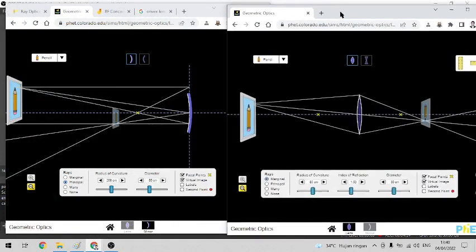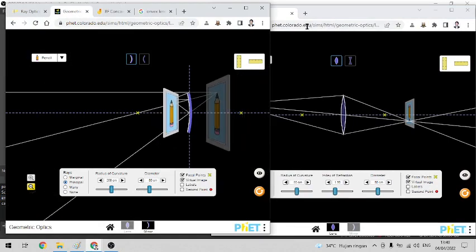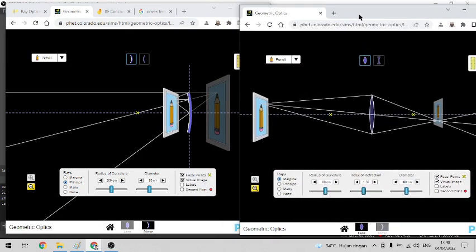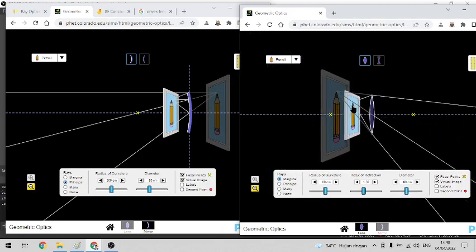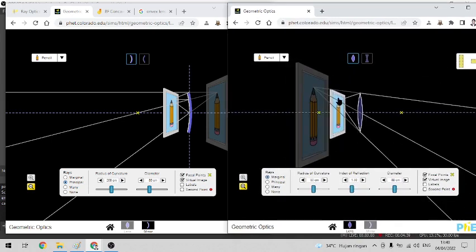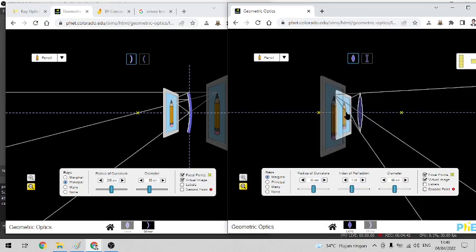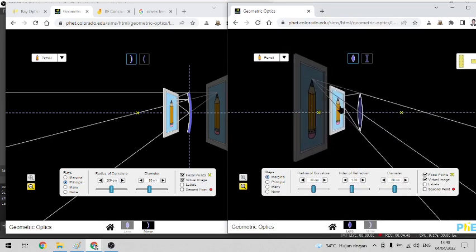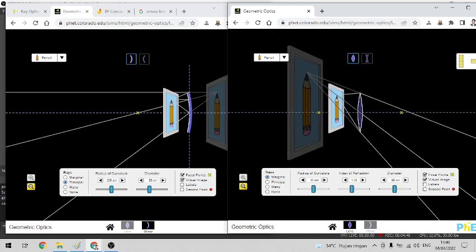Okay, now just like you see, on the left is the concave mirror, while on the right is the convex lens. Let's start with this one. When the object is close to the lens, we can see the image is upright, it's not inverted, and it's bigger.